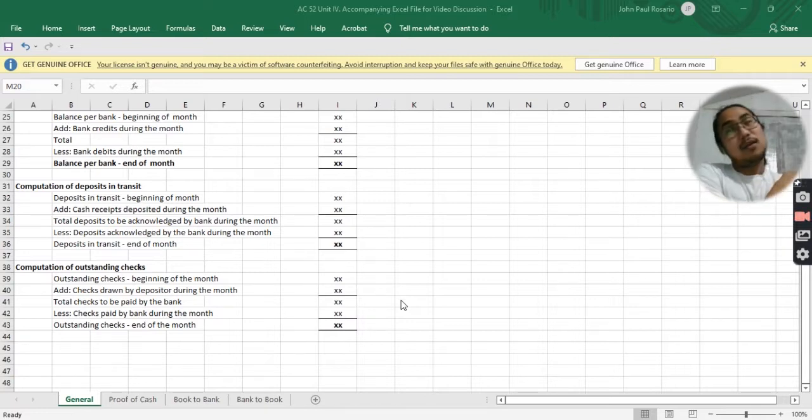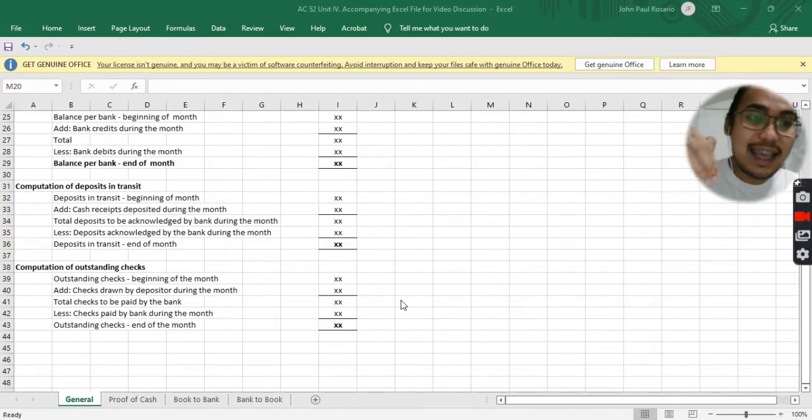Sir, when will we know kung unsa nga amount ang ipang-minus ni mga NSF check, service charges, kaning mga credit memos when it comes to computing deposits in transit and outstanding checks.